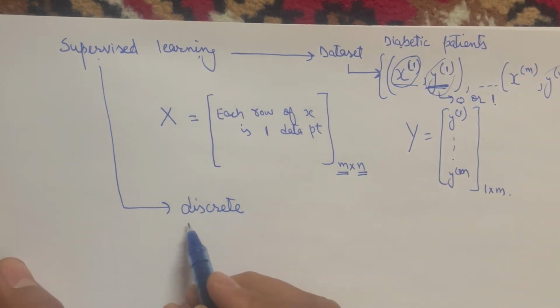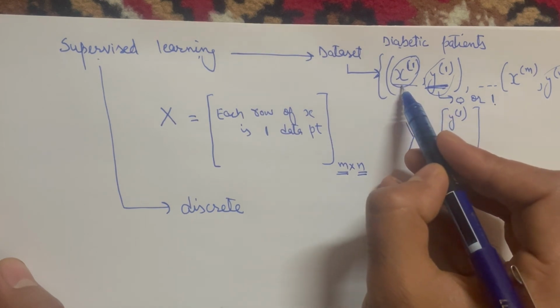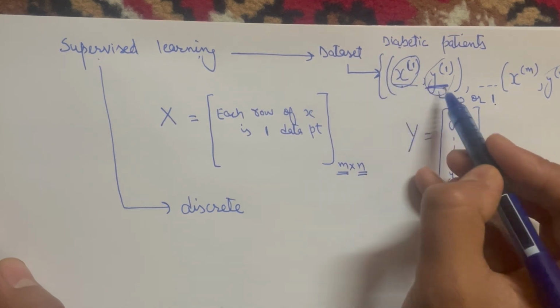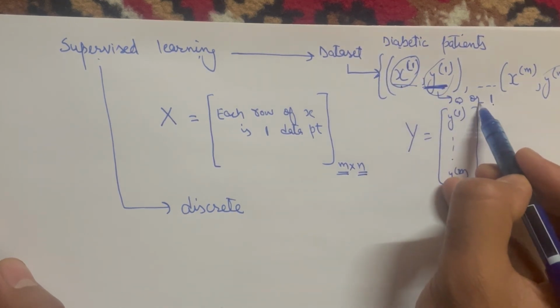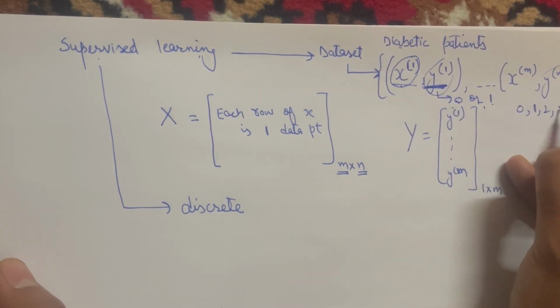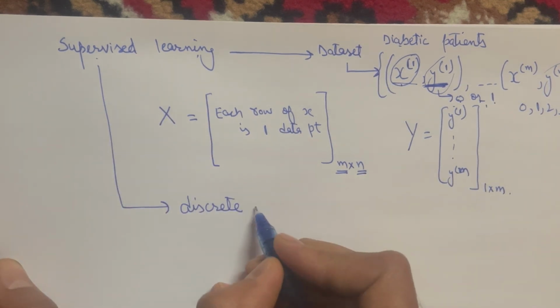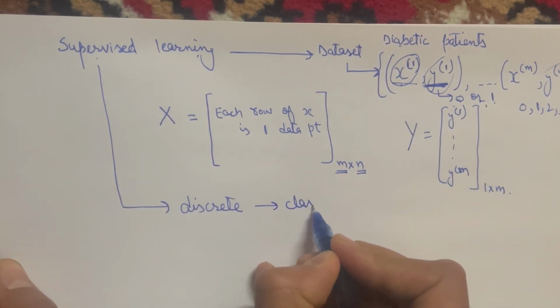So you can see that this kind of problem, where we want to learn a relationship from the input to an output, but the output is discrete, 0 or 1, or it can be 0, 1, 2, 3, let's say, is called a classification problem.